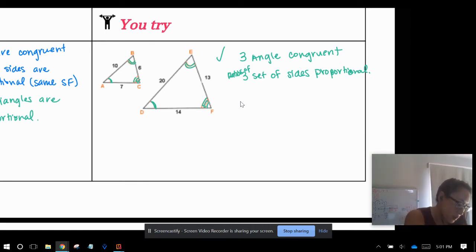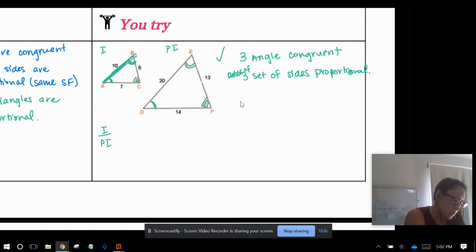So again, I'm going to start with A to B. Since that line is between the 1 tick mark angle and the 2 tick mark angle, we're going to do image over pre-image.